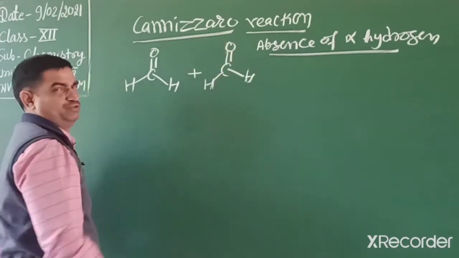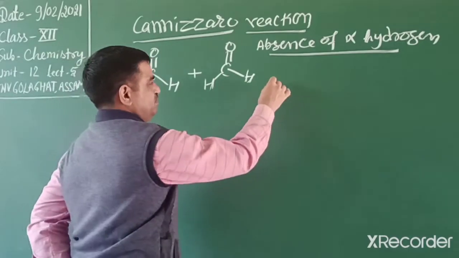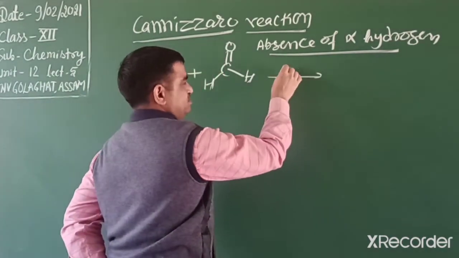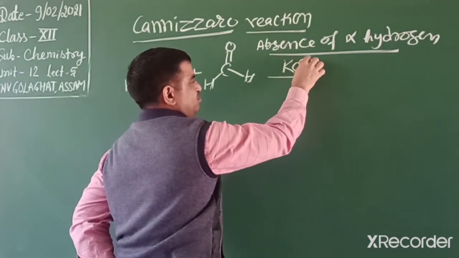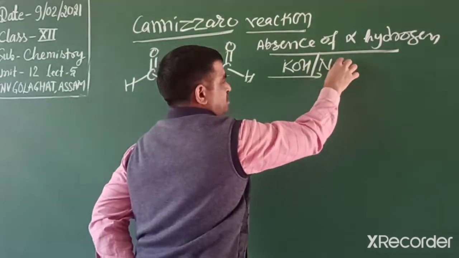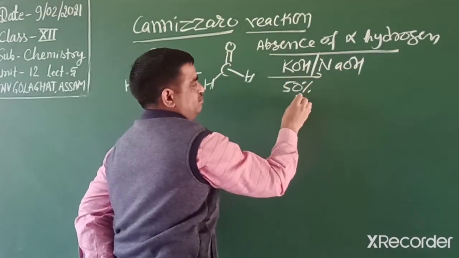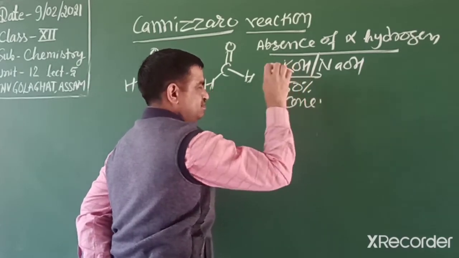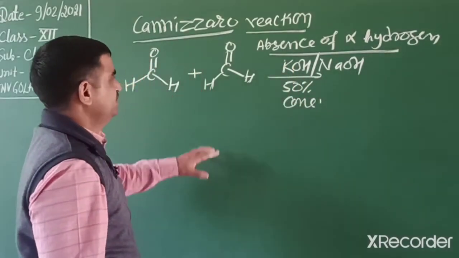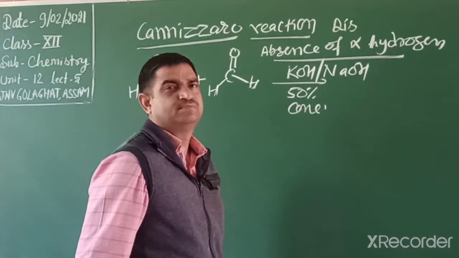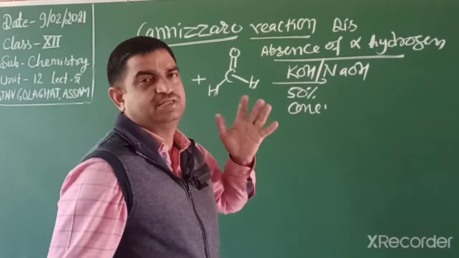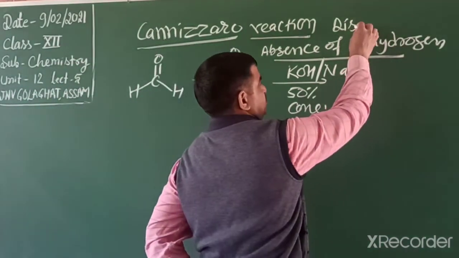It is a disproportionation reaction in the presence of a strong base, either KOH or NaOH, generally 50% concentration. It means a concentrated alkaline medium, they disproportionate. The other name of the Cannizzaro reaction is disproportionation.